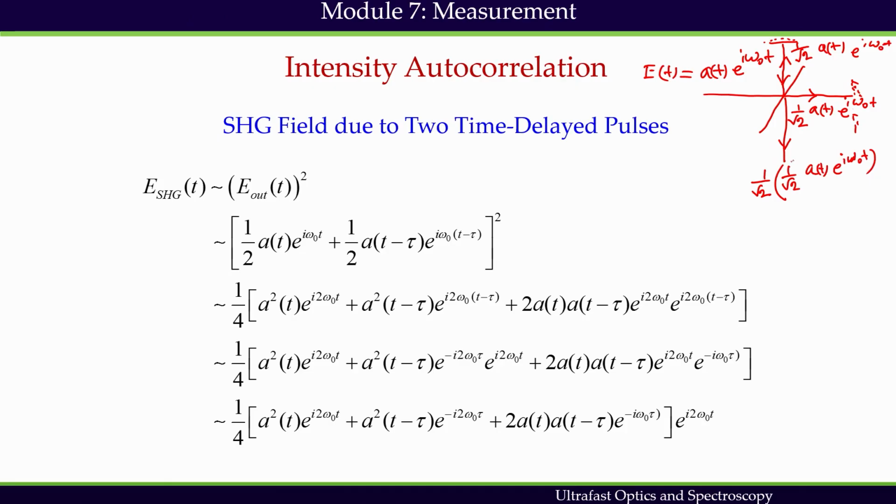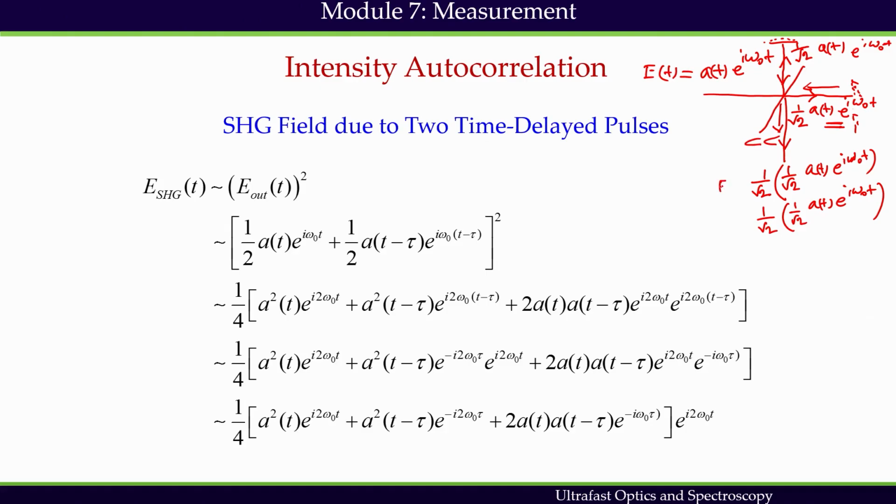So one field is this one, and then think about this beam, which will be reflected back and reflected by this 50-50 beam splitter. I get again 1 by square root 2 into that beam, e to the power i omega naught t. So this is the total field coming out of the interferometer.